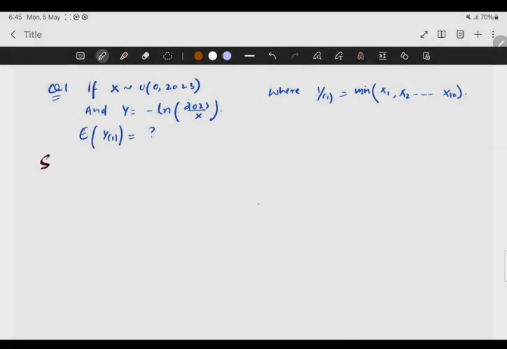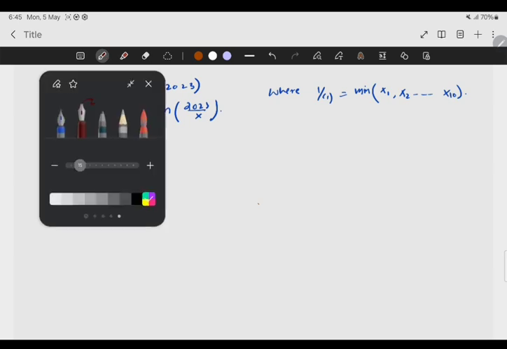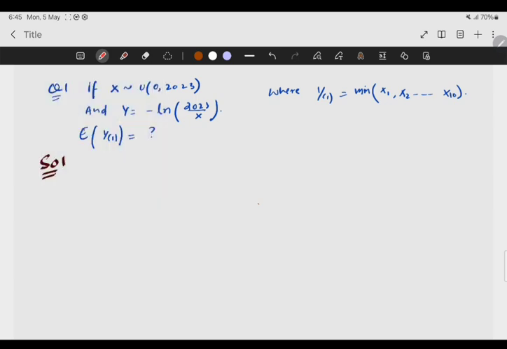Simply see, we have Y is equal to minus ln of 2023 divided by X. Clear? What will be the X in terms of Y?